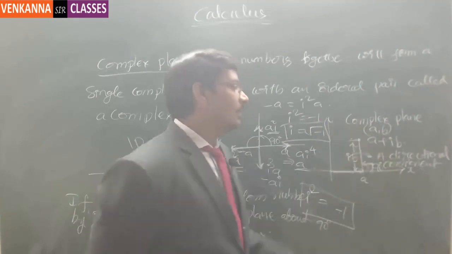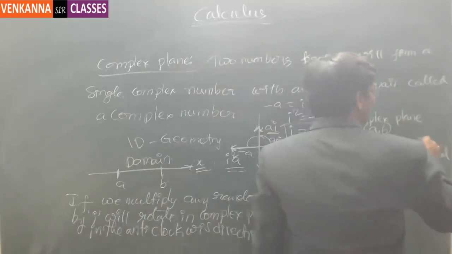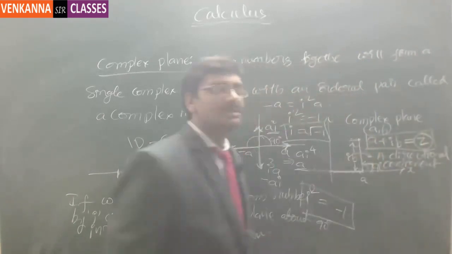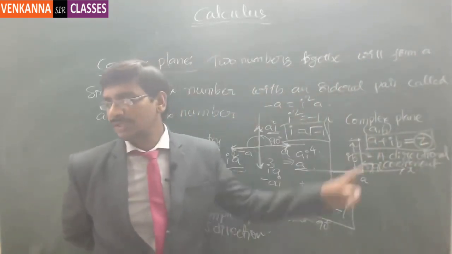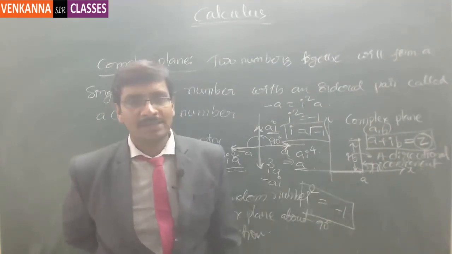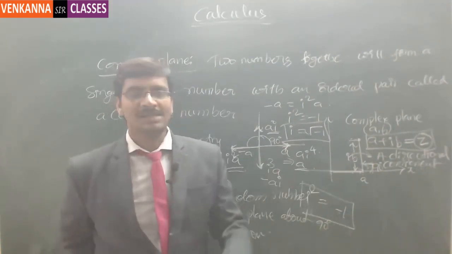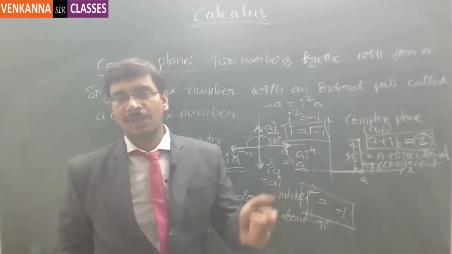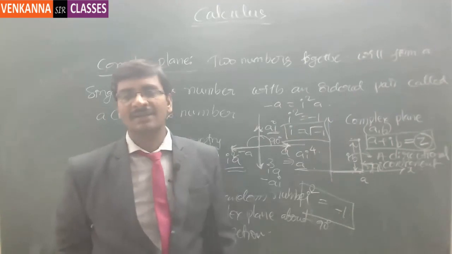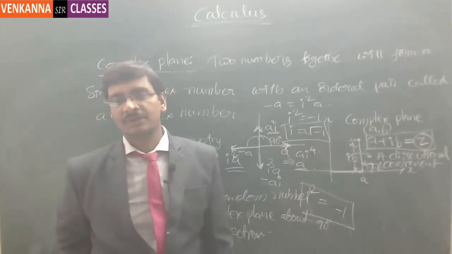These two together form a single complex number. Since these two come together, we call it complex. That's why this is a complex number system. This is very useful for complex analysis, and complex analysis is very useful for solving many engineering problems. So that's the reason we will be separately studying complex analysis, right?